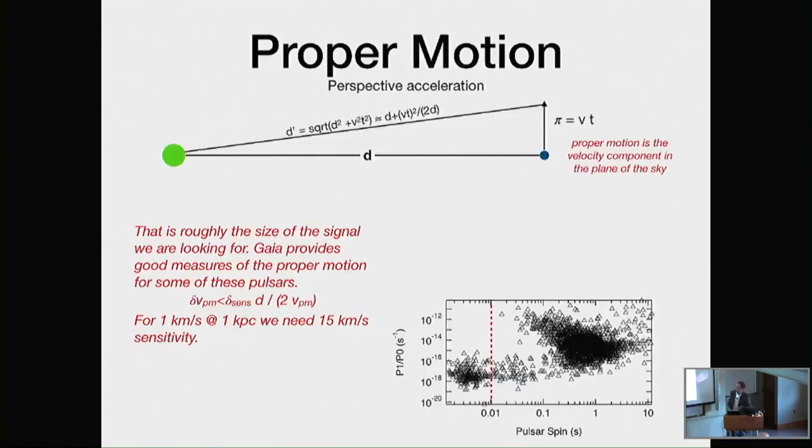And also, I kept making this slide simpler and simpler because I didn't want to talk about it, but just in case there's any experts in the room, what we measure with the Doppler shift is the radial velocity, the component of velocity in the direction that the star is. But now, if the star is moving in the plane of the sky, transverse to the radial direction, then the component of the velocity that's the radial velocity will change.